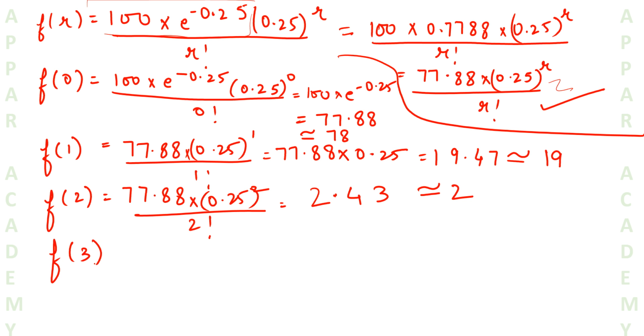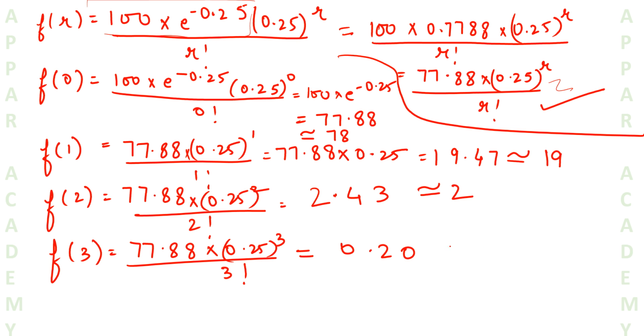Next is f of 3. This becomes 77.88 into 0.25 cube upon 3 factorial. This will be equal to 0.20. So approximating it as 0. Then we have f of 4.